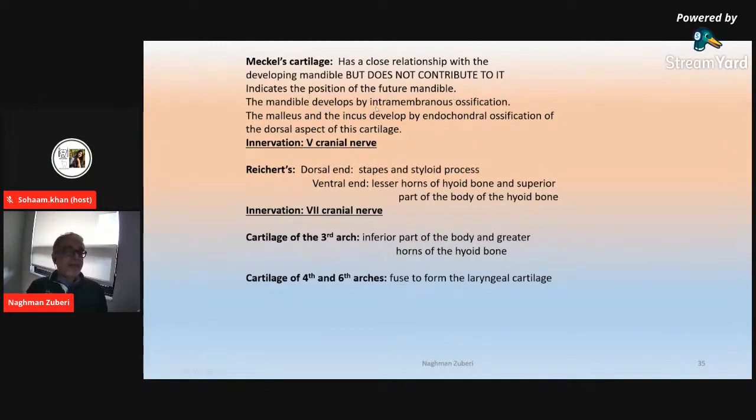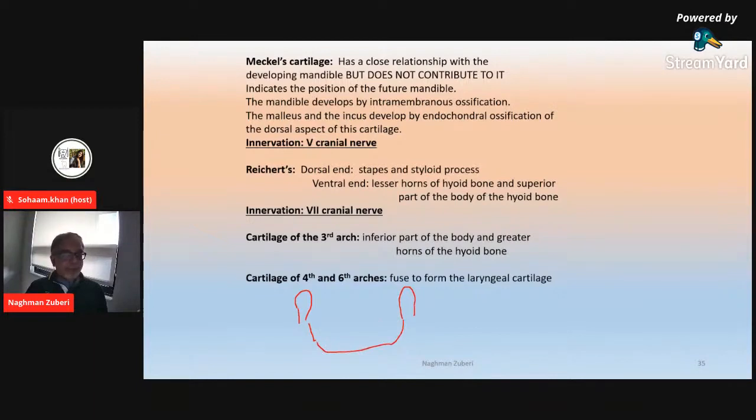The mandible develops by intramembranous ossification. Some authors say that the mandible has a condyle on this side and a condyle on this side, two condyles, and then there is a long neck, and then a body on both sides, which then joins.